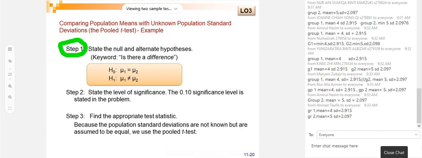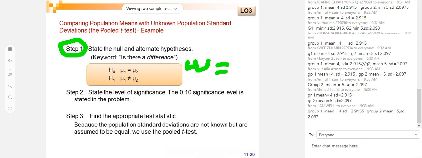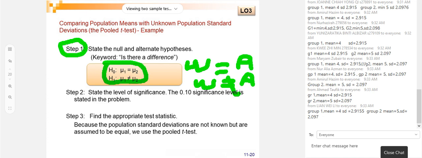Usually in our question, that means the Wheels is equal to Atkins for H0. Then number 2, Wheels is not equal to Atkins method for H1. This one is the hypothesis we develop. So kalau you tengok ni jangan you takut sangat, it's normal. You boleh guna yang ni ataupun boleh pakai this one.